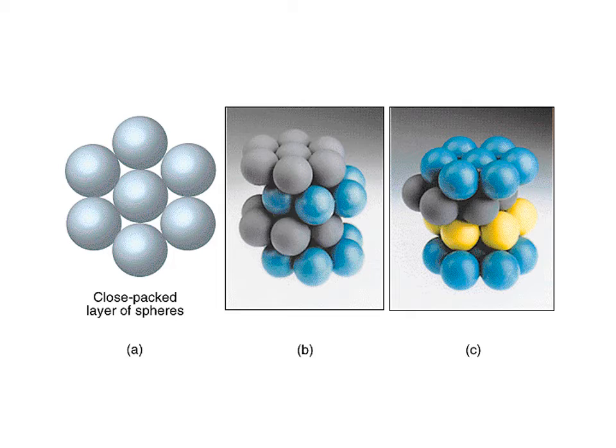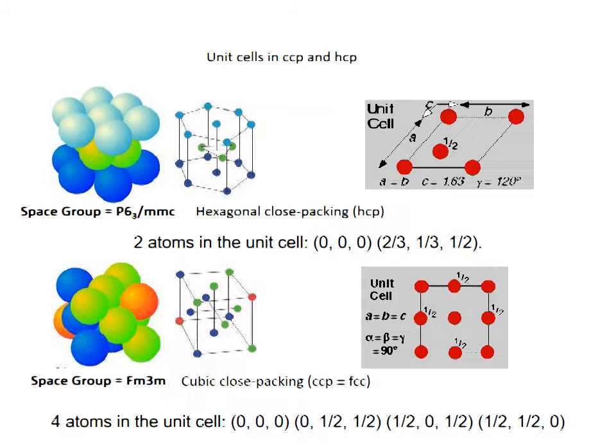Okay, so now what are the unit cells associated with the hexagonal and the cubic close packed structures respectively? You see here a cell for the hexagonal close packed structure. These atoms here in this hexagon represent the first layer.